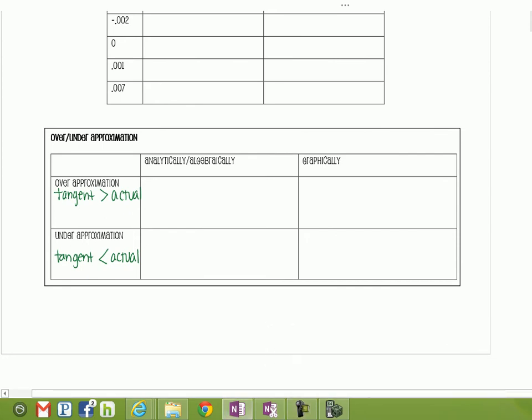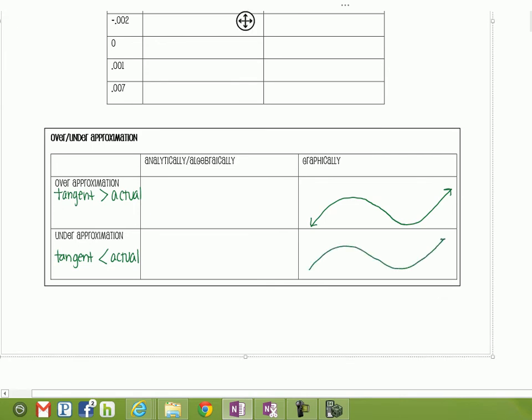So then there's actually a way for this to always occur. Let's just start off with the over approximation. I'm going to graph a function that's both increasing and decreasing.